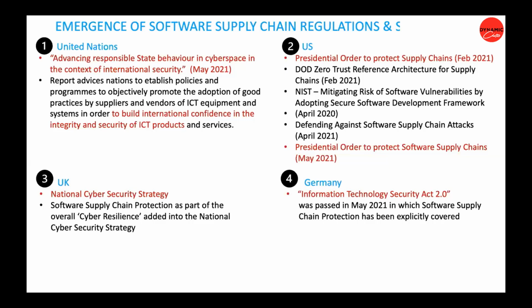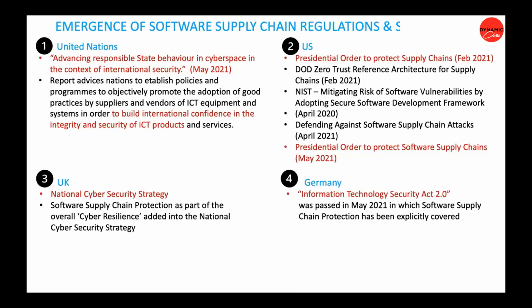The US, in February, came out with a presidential order for supply chain, right? Based on that, the DoD came out with the Zero Trust Reference Architecture for Supply Chain. It's an excellent document. I would recommend this for CISOs to go through. Very neatly written, and it's an implementable reference architecture, right?